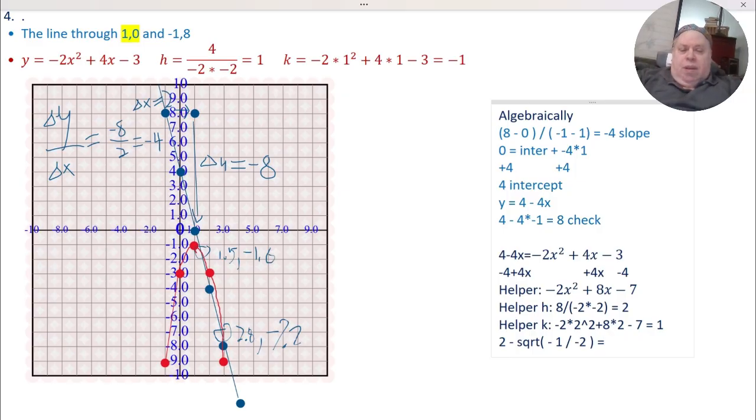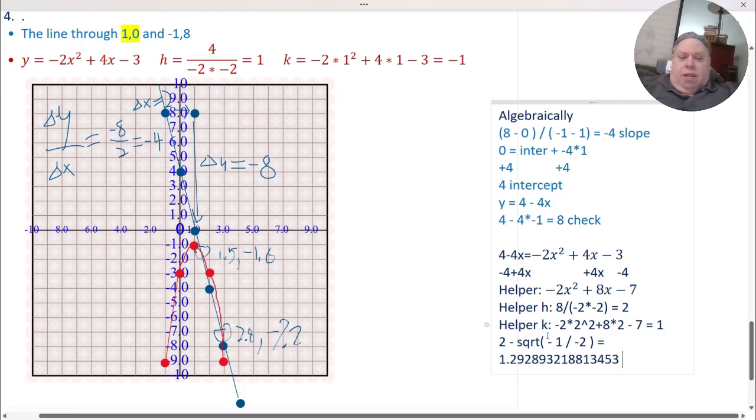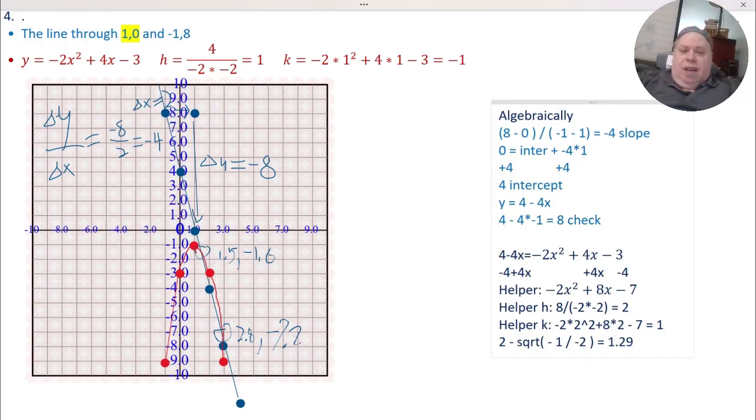And that gives me the first x value root, which I'll round to 2 decimal places, 1.29. I said 1.5, but given my general eyesight, I was just guessing that's pretty close.